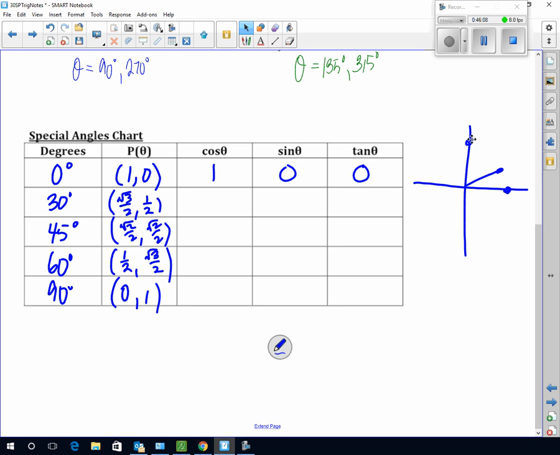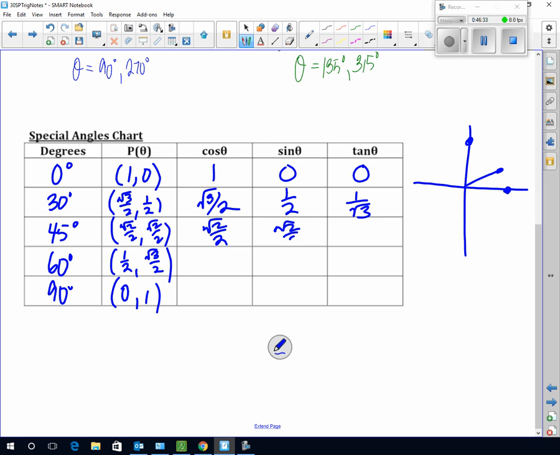We can go over it. Because cos is the x, then cos of 30 degrees would be root 3 over 2. Sine would be the 1/2. And then if I divide sine by cos, I get 1 over root 3. And then this would be root 2 over 2, the x. This would be the y. And then y divided by x gives me 1. This is my x.